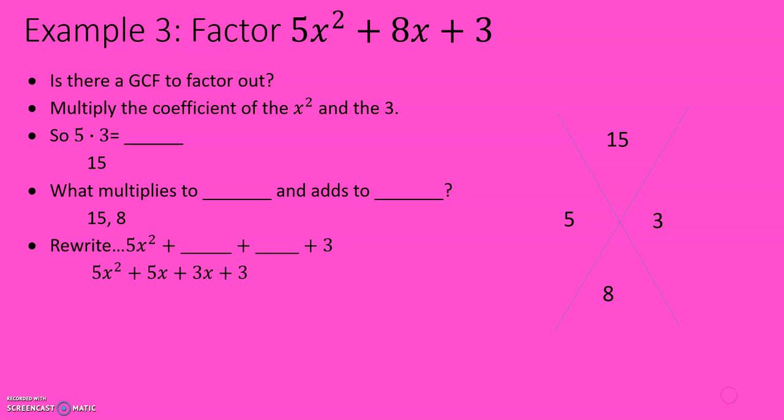Rewrite 5x squared plus 5x plus 3x plus 3. Factor by grouping. Factor out 5x, factor out 3. 5x times x plus 1 plus 3 times x plus 1. 5x plus 3 times x plus 1.